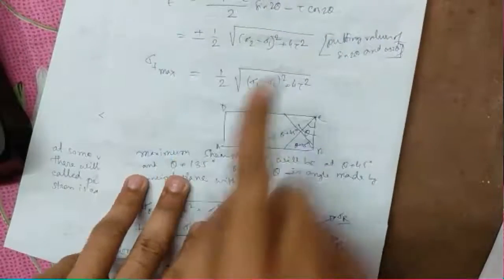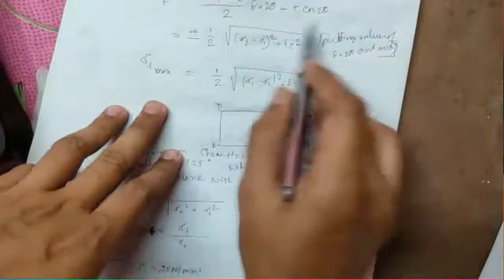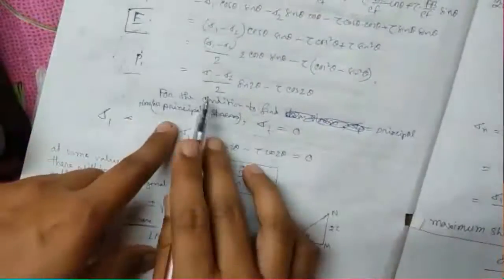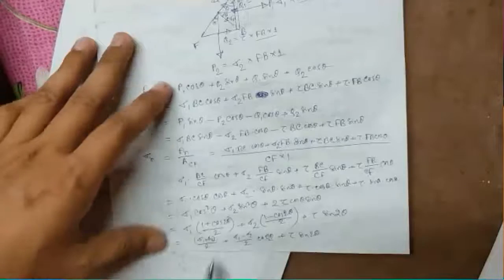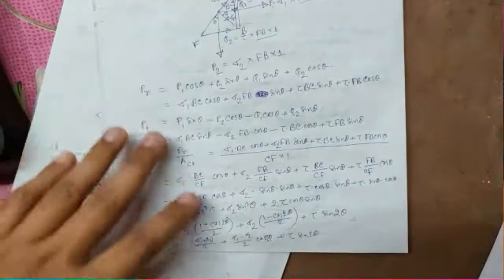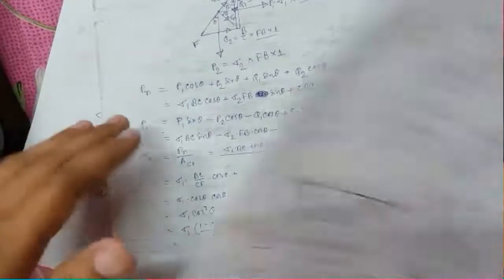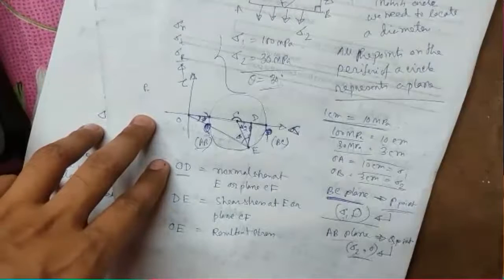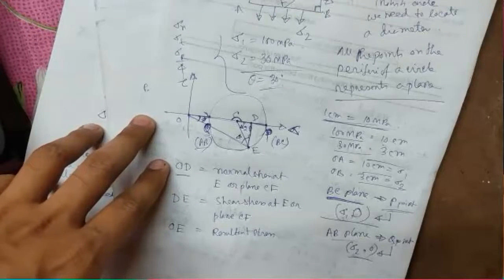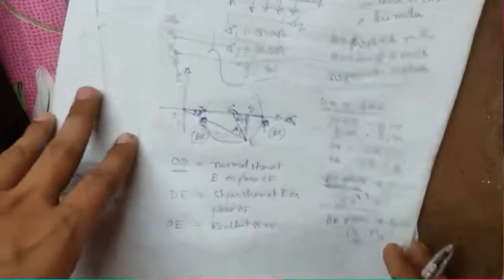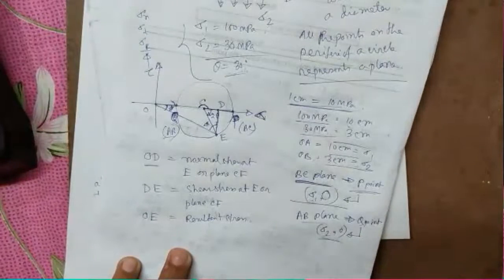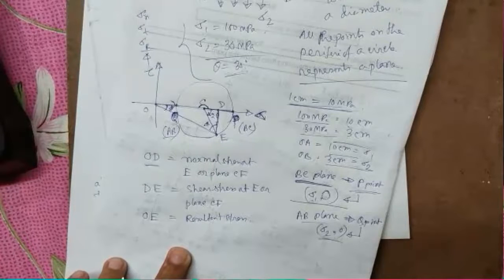This is sigma t and this is sigma n. We can see that when we go with this analytical method, the same value, the same expression will come. Both methods will give us the same value, but this is very quick and easy. All you have to do is measure these lengths and angles accurately.